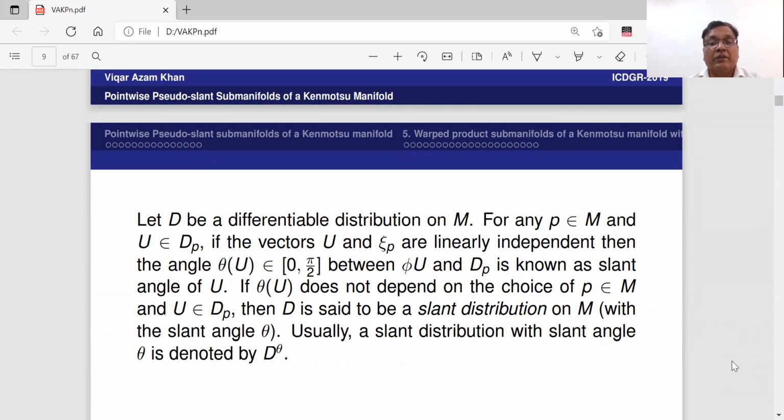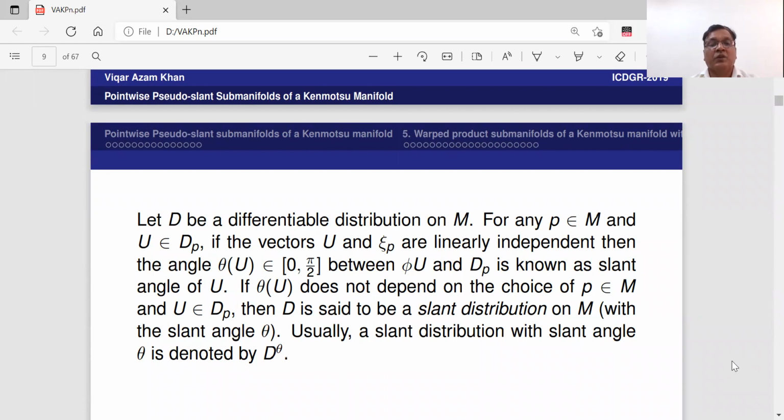Now let us come to the distributions. Let me talk about the slant distribution. If D is a differentiable distribution on the submanifold, then for any u which is independent of the structure vector field, if you look at the angle between phi u and the distribution D_p, and it remains constant for every point p and for every vector field u, we say that the distribution is a slant distribution.